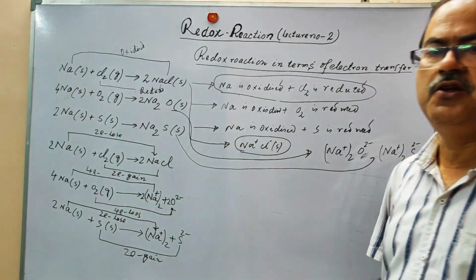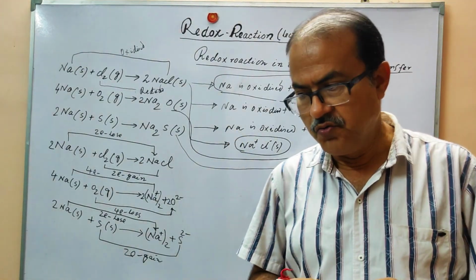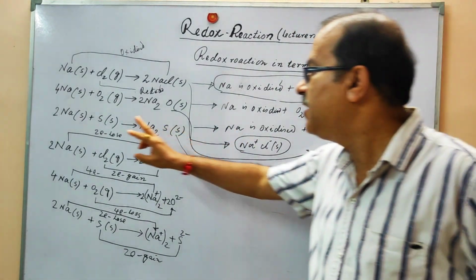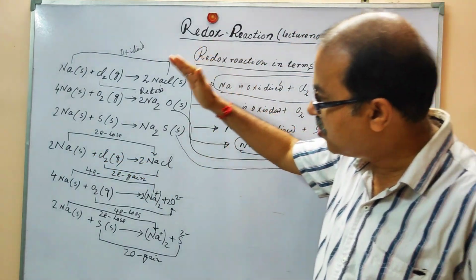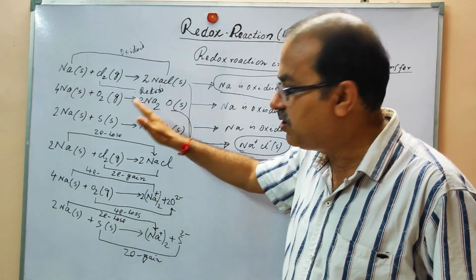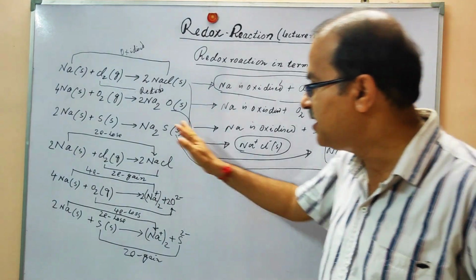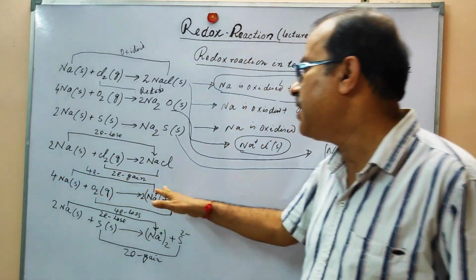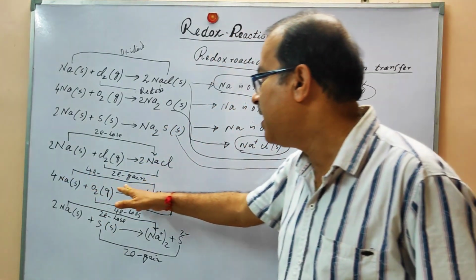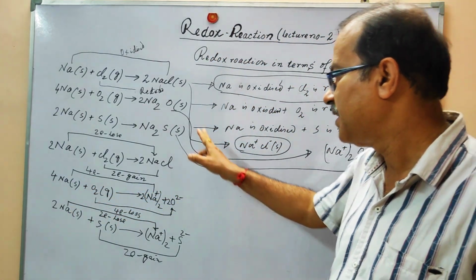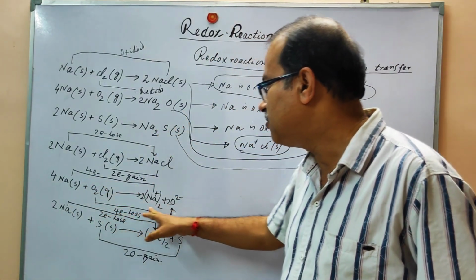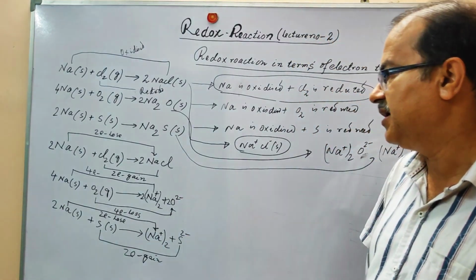So from this electron transfer we can understand that in the first reaction sodium loses 2 electrons and that electron is gained by chlorine. In the second reaction, 4 electrons have been lost by sodium and there is a gain of 4 electrons by the oxygen atoms.